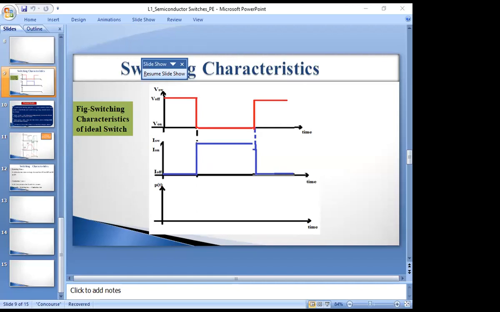Vs, V0. V0 means, or we can say, we can check the voltage across the switch. Clear? So what we can say here, voltage across the switch.